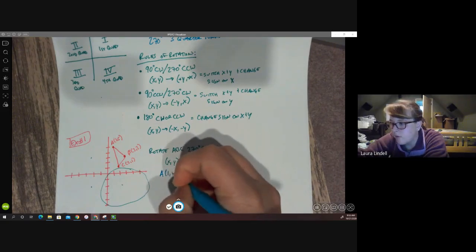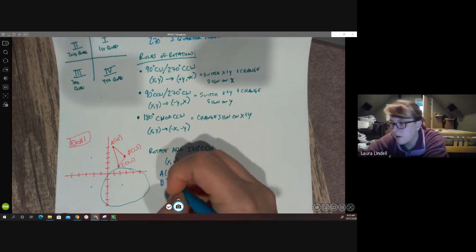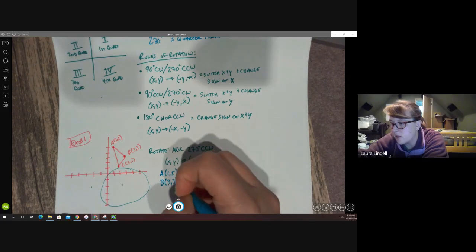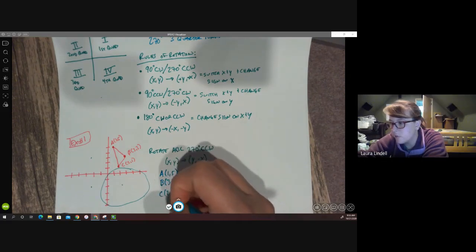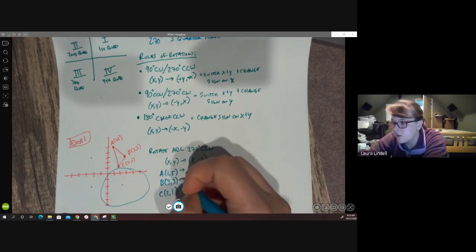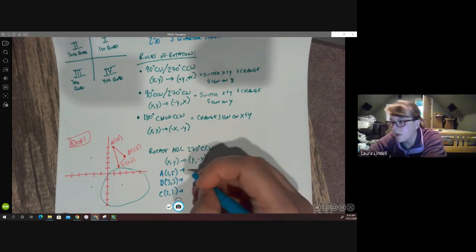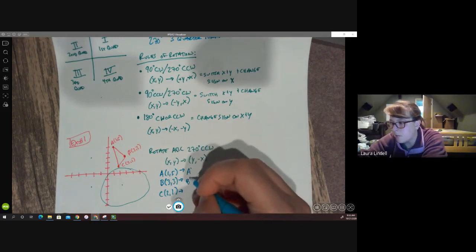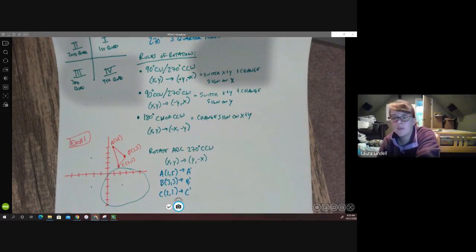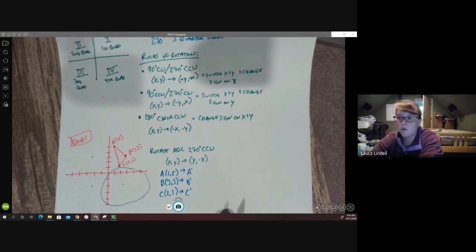A was 1, 5. B was 3, 3. And C was 2, 1. And that's what I'm going to do to them. I'm going to get A prime, B prime, and C prime by switching x and y and changing the sign on x.